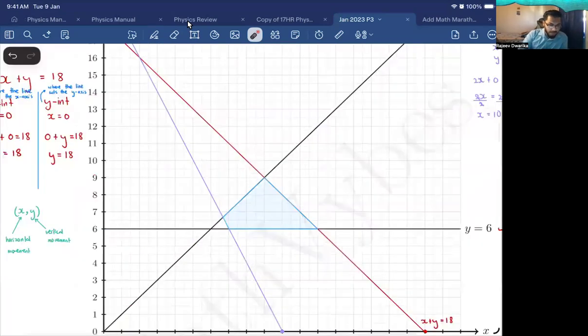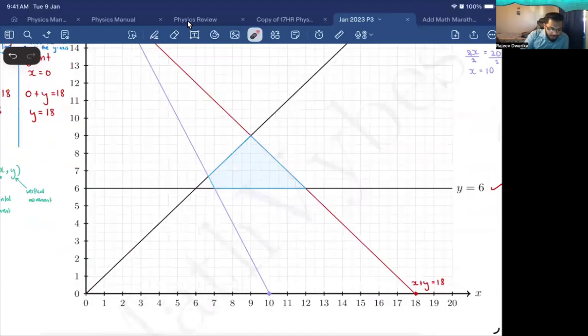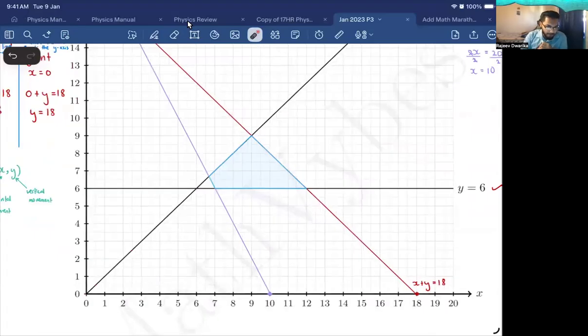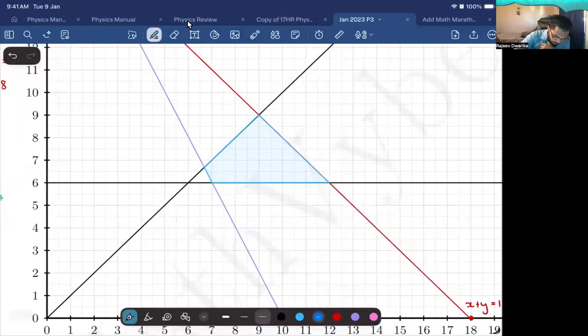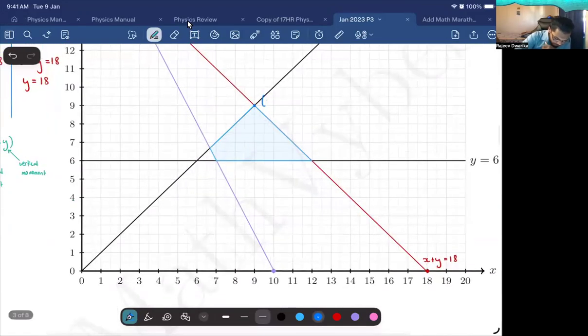So is everybody okay with how I selected this to be the common region? Yes, sir. Okay, good. And we came up with the vertices. The vertices were 9, 9. What's our vertice? 12, 6.